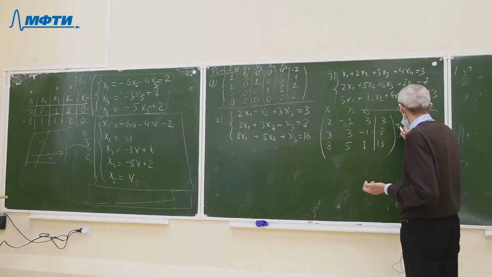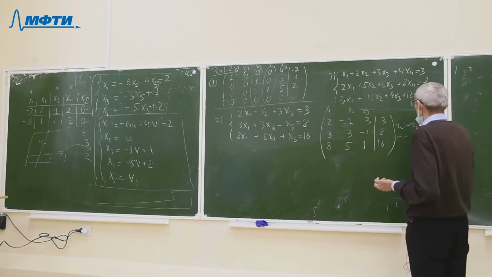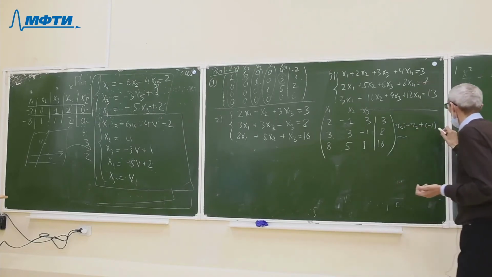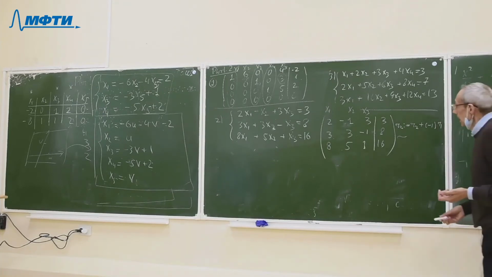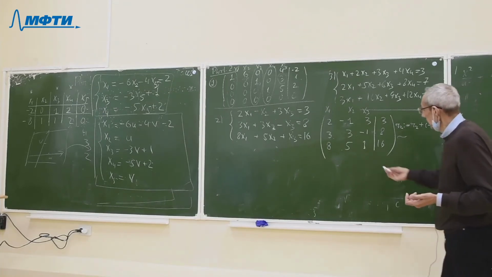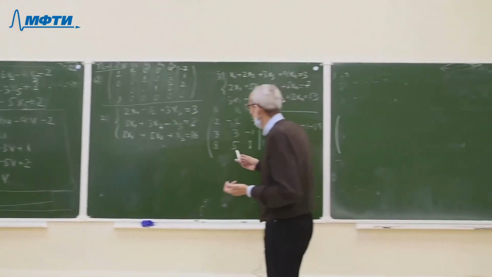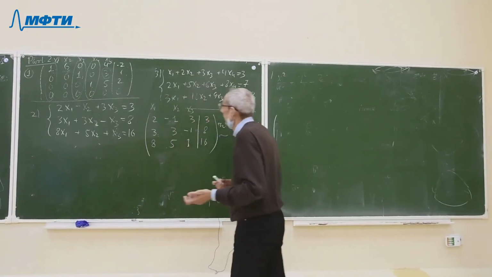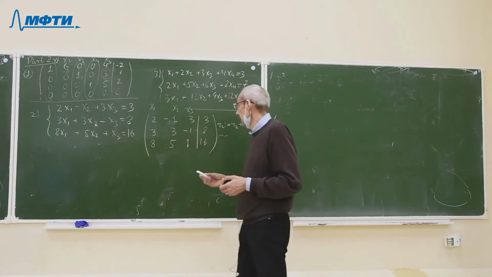Row 2 is equal to row 2 plus minus 1 multiplied by R1. The goal of this transformation is to obtain the first element in some row equal to 1.